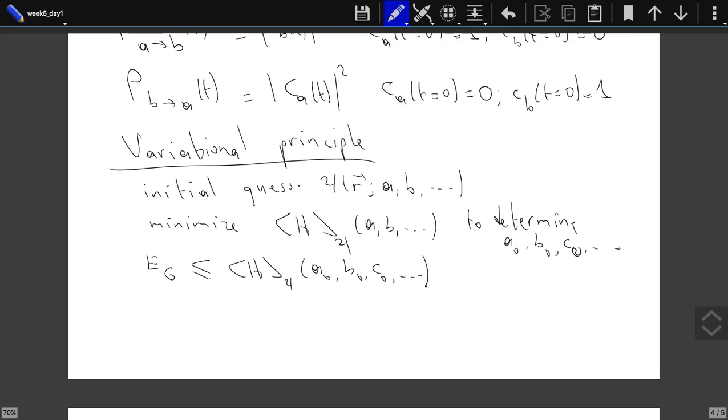This is the basics of the variational principle. And the closer you get to the ground state, the closer your wave function will be to the ground state. It's exact when you choose the right one. In simple systems, you can find the exact ground state, like, for example, the harmonic oscillator. We just tried this Gaussian wave function, which goes to 0 exponentially, and it gave us the exact ground state.